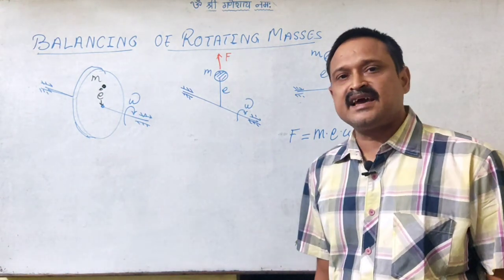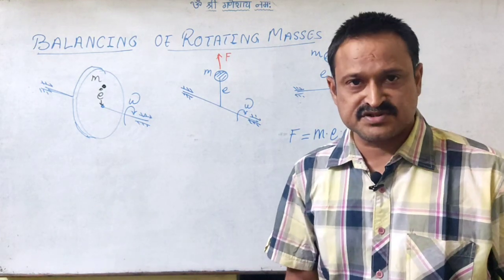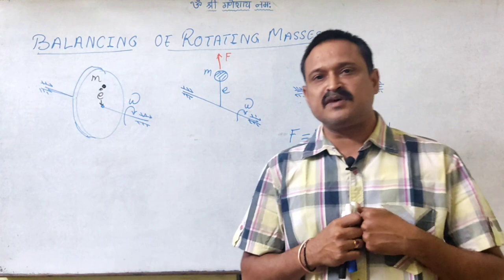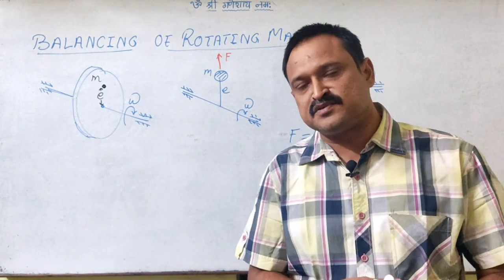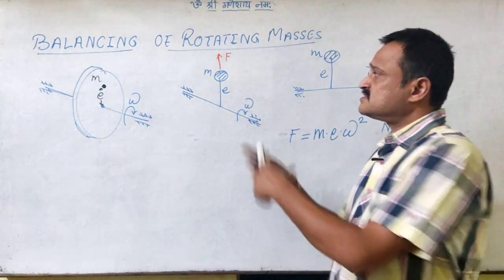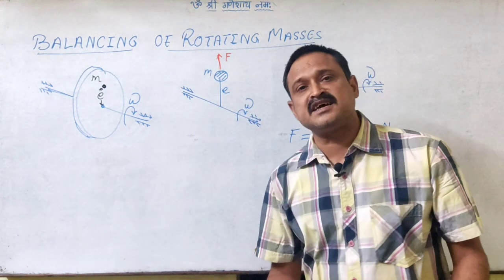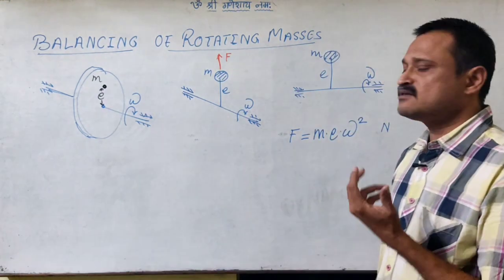Now how can I neutralize or nullify this unbalanced force in the system? It's very simple. If I can provide a force which is exactly opposite to this force and of the same nature, then this unbalanced force can be neutralized from the system. So how can I do that?